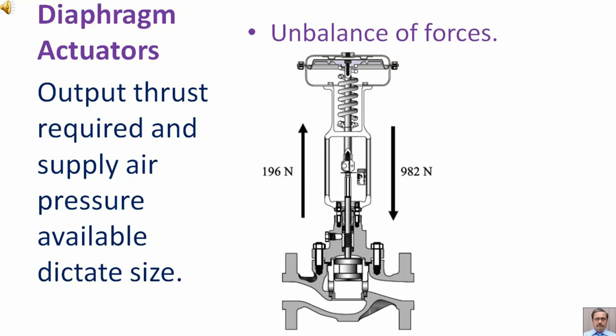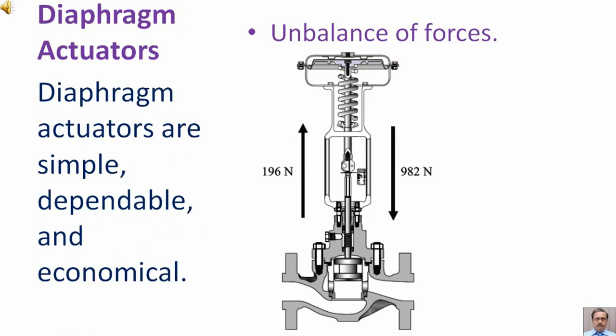Output thrust required and supply air pressure available dictates the size of the actuator. Diaphragm actuators are simple, dependable, and economical.